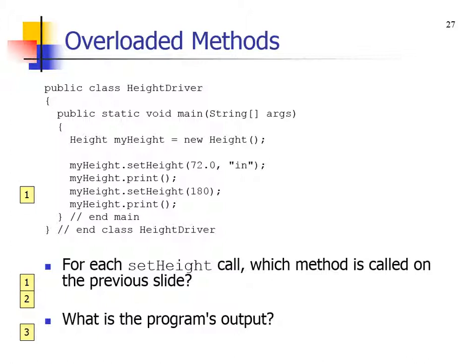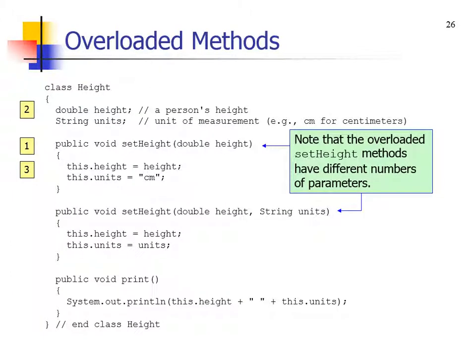If there's no other thing in here, that's what we call a 0 parameter. So it's going to default back to the default. So what is the default parameter? Since there is no string units, because I didn't tell you what type of units, it'll default back to this one, right? So what is it going to be? 180 centimeters. Does that make sense?